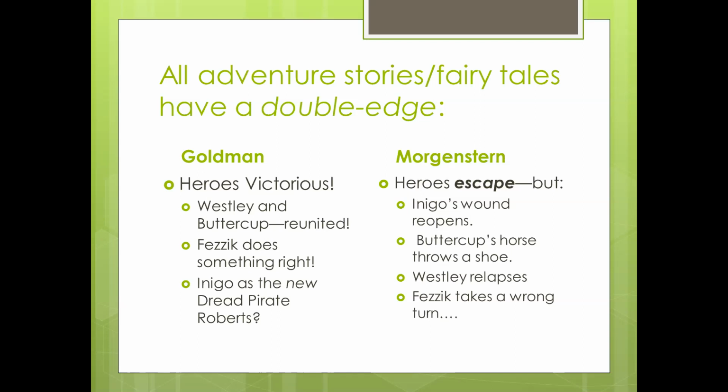Buttercup's horse throws a shoe, which could probably create some havoc for the escape plans. Wesley begins to relapse a little bit. That 40 minutes of the phantasmagoria is starting to wear off, and he's starting to die again inside. And Fezzik, of course, being Fezzik, starts to take a wrong turn and peel away from the other three riders, which may have its own set of consequences.